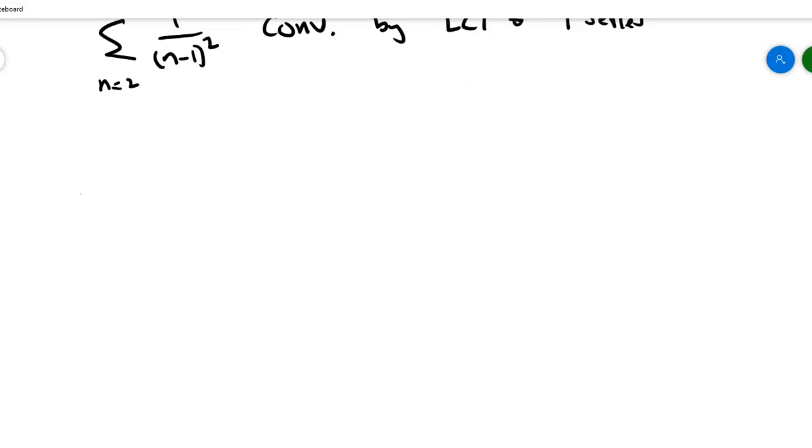All right, so let's say I have this series from n equals 1 to infinity of the square root of n over n squared plus 1. Now, part of my issue here is that I don't know exactly how this behaves. I look at the n squared on the bottom and the square root of n on the top, and I say, well, what is the important part of this problem?